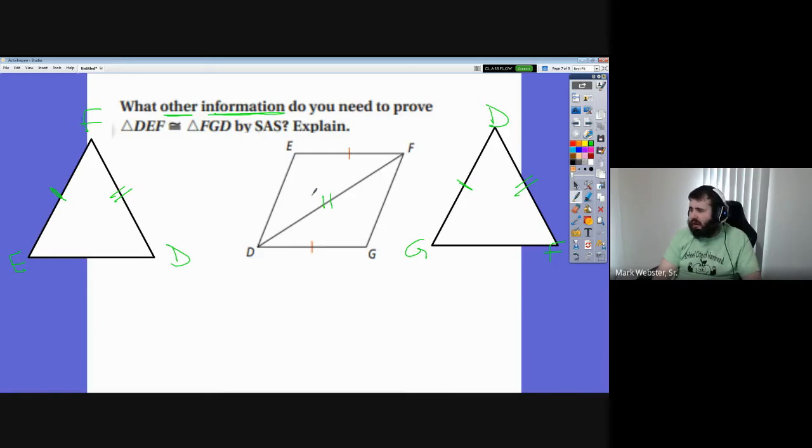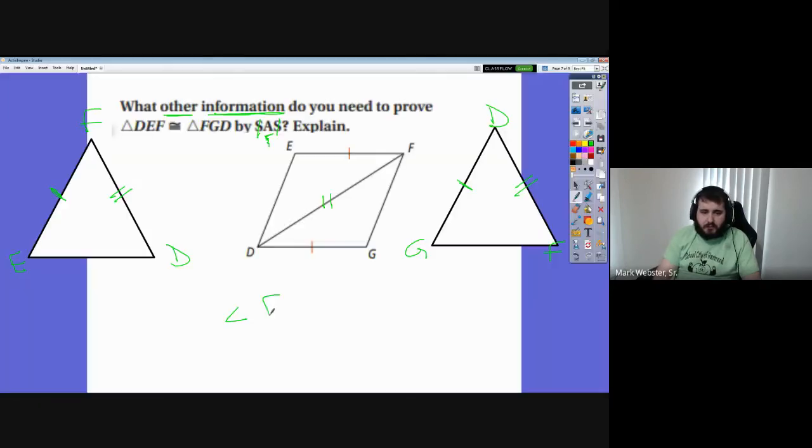have side angle side. I don't have it yet. What do I still need? Well, I've got a pair of sides already, so I don't need any sides. I've got side and side, so I need the angle in the middle. What's the angle in the middle of these two included sides?